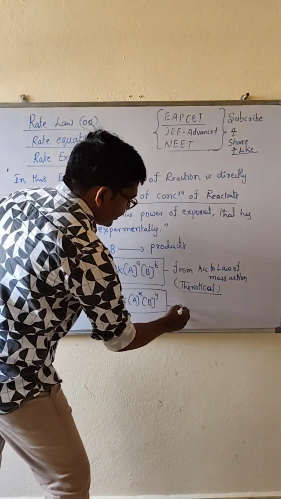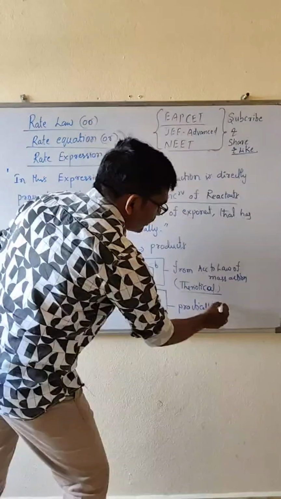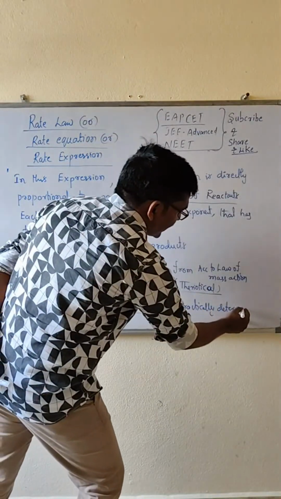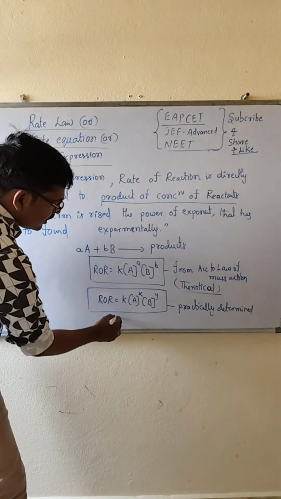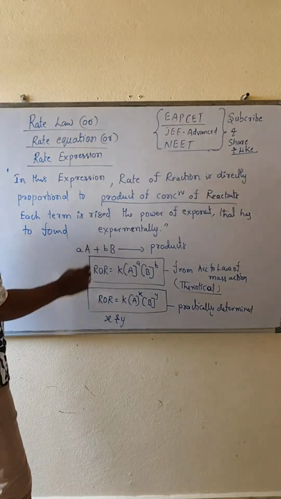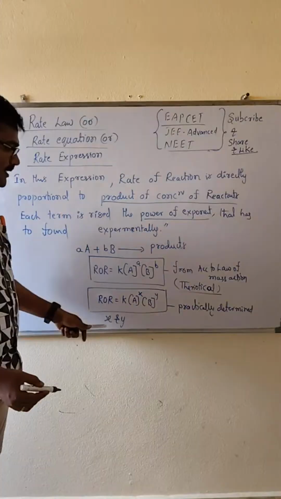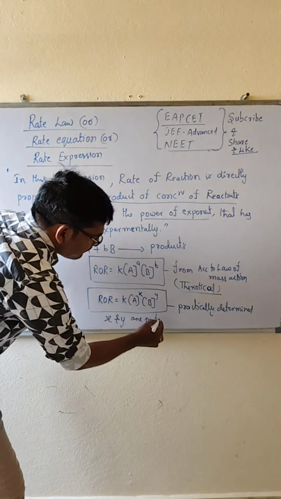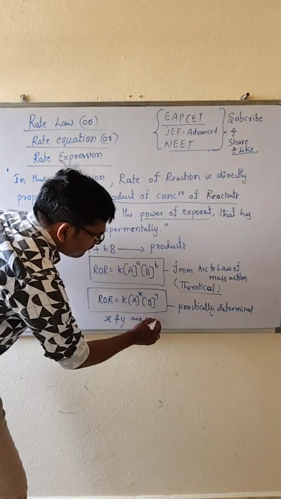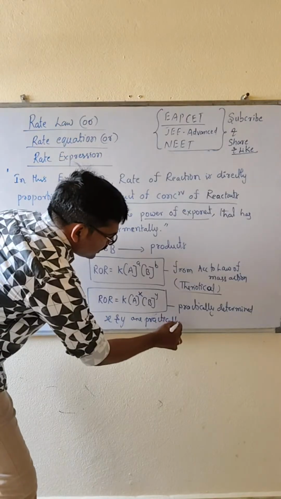X and y we call the power of exponents. X and y are practically determined.